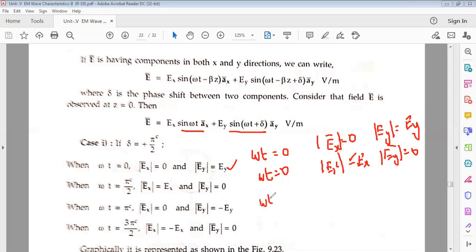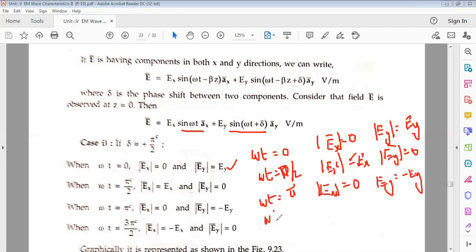And when omega t is equal to pi, the magnitude of Ex is 0, since sine 180 degrees is 0, and for Ey, sine of 90 plus 180 gives the negative, so Ey is in the negative direction, minus Ey.